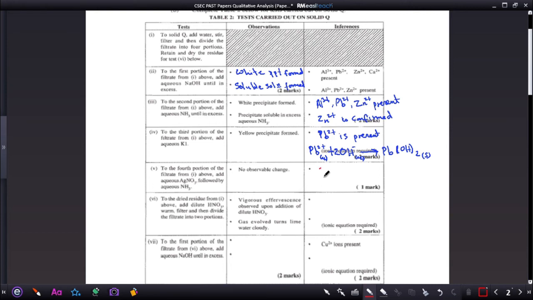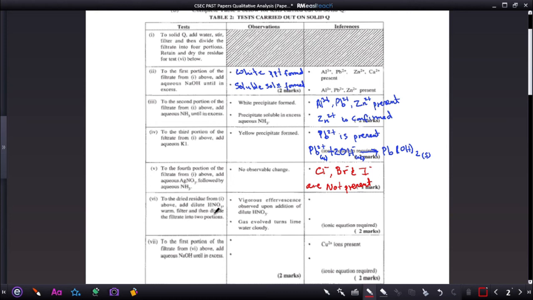So we know that the chloride ion, the bromide ion, and the iodide ion are not present.